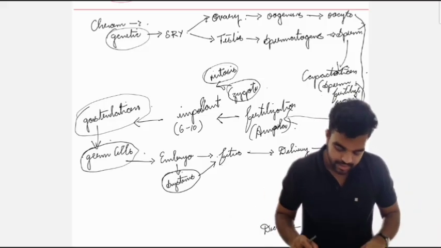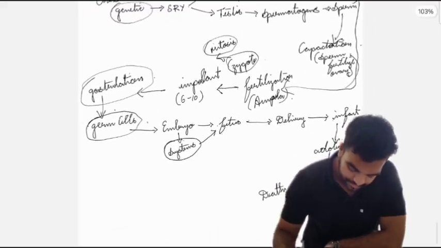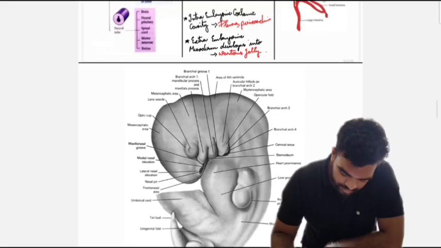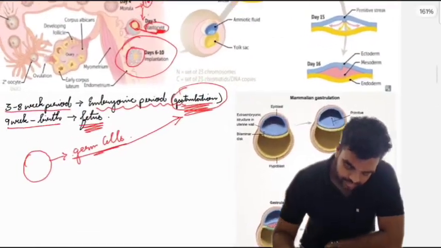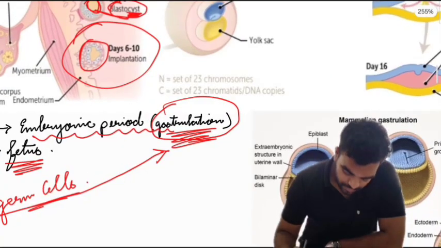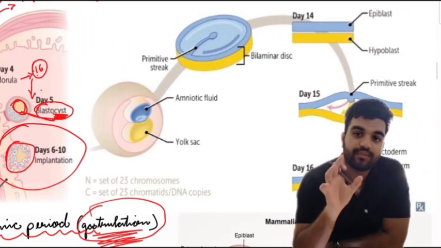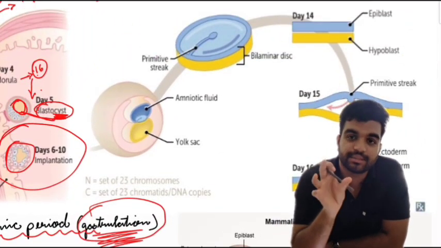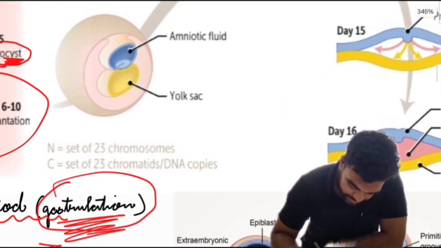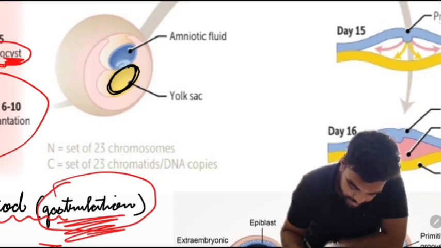Okay, so now we were discussing gastrulation, so let us discuss gastrulation. As I told you, gastrulation is all about formation of germ layers. How does it form? Now that the zygote has formed, there is one cyst inside the zygote, that is blastocyst, which went on to become something known as yolk sac.